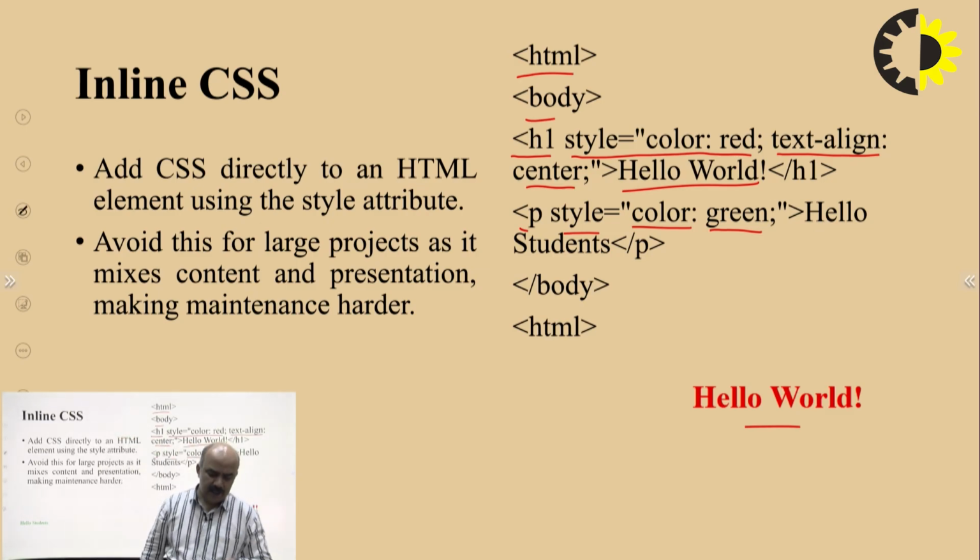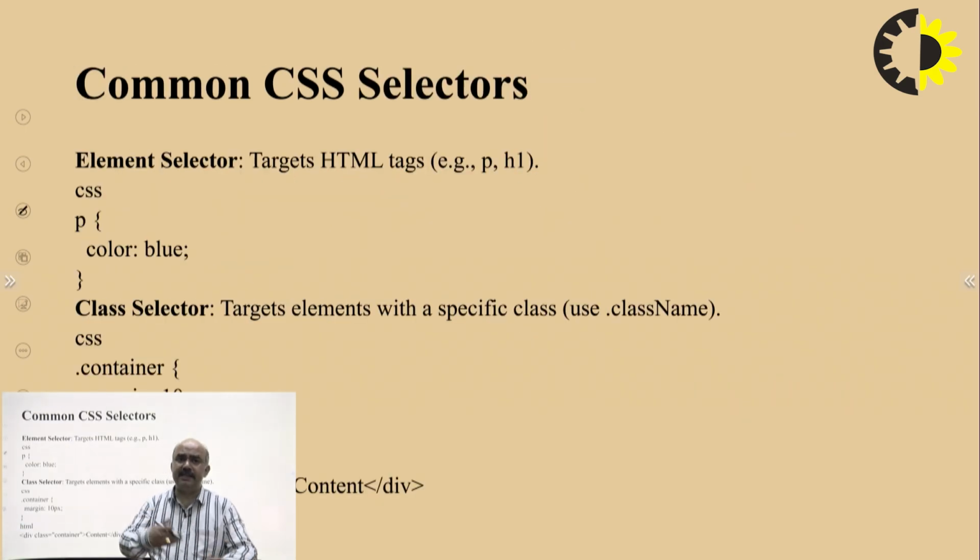So these are the three types of CSS. Apart from H1 and P, there are other CSS selectors. We have class selectors. The element selector we already discussed, H1 and P.